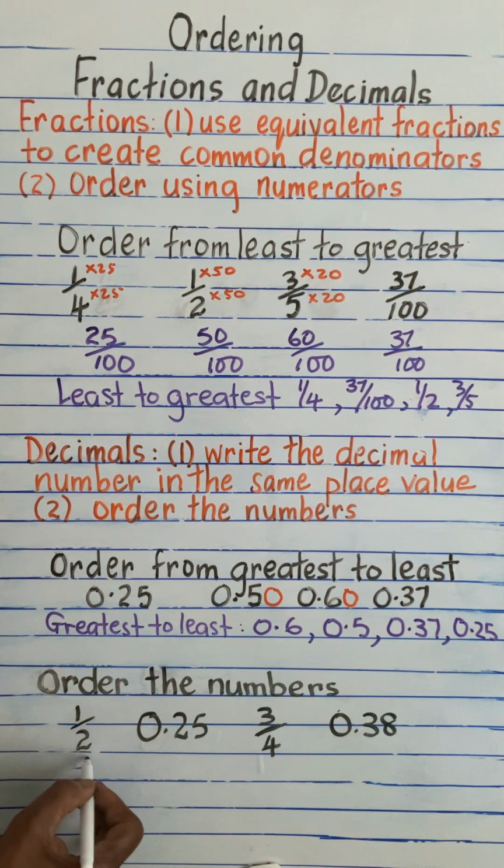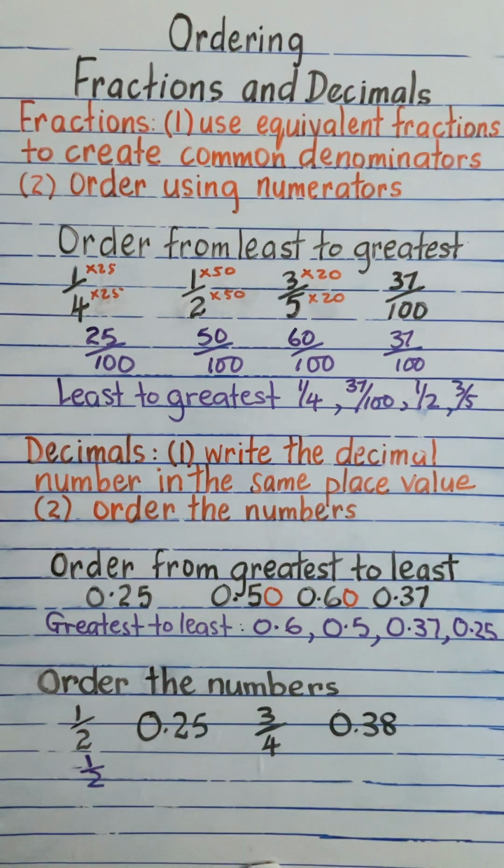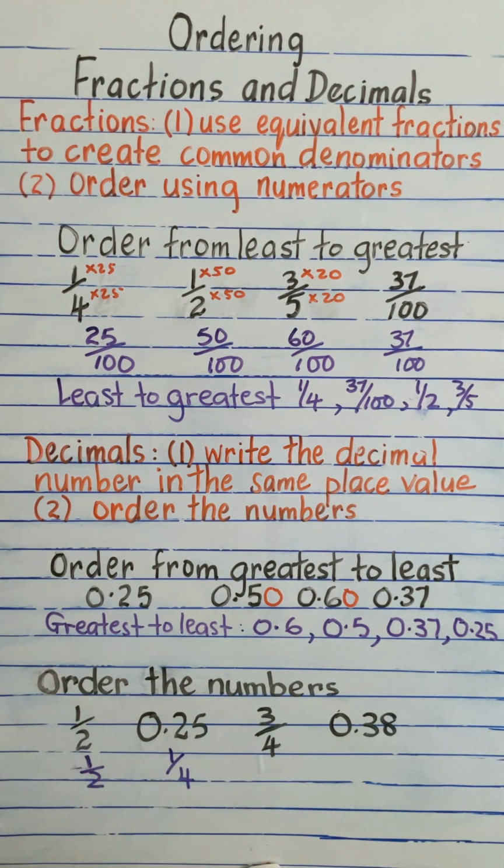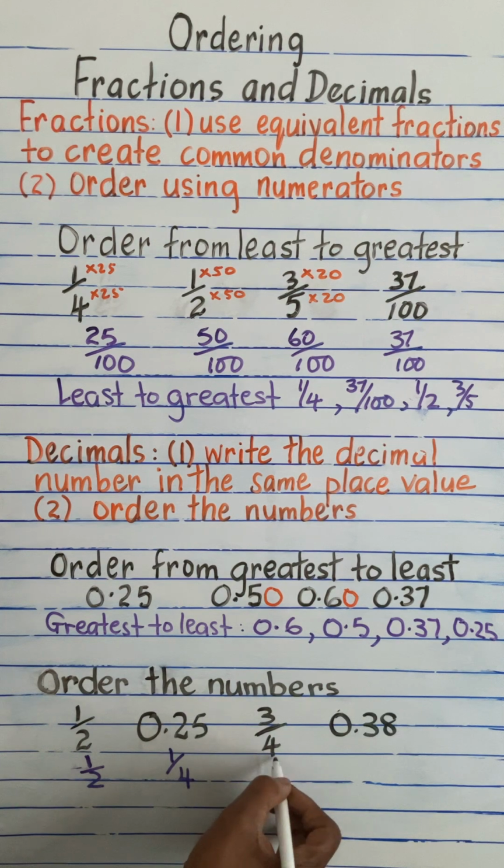Since we're converting to fractions, this doesn't change. And then 0.25 is 25 over 100, and when we reduce that to its lowest term, it becomes a quarter. We did that in a previous lesson. So this is 1 over 4. And we have 3/4 in fraction already.